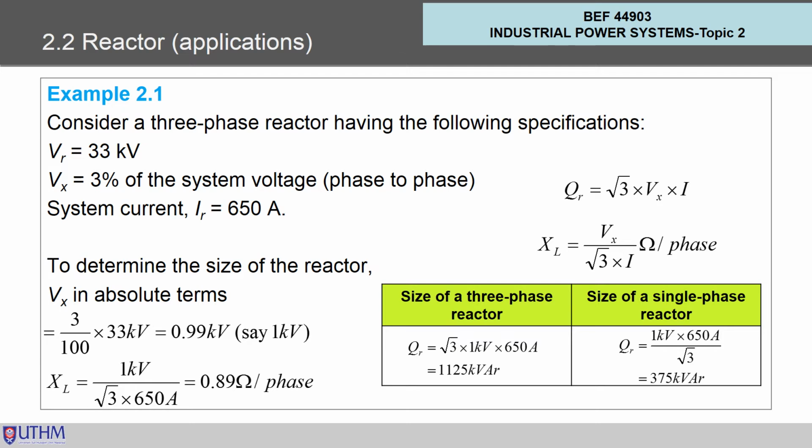For single phase, we have to divide by square root 3 to get the value for the single-phase reactor, because this Vx is in 3-phase. So we convert to single phase, and then multiply with the I to get the QR value.